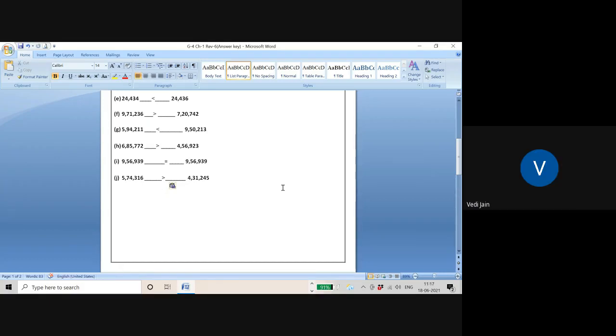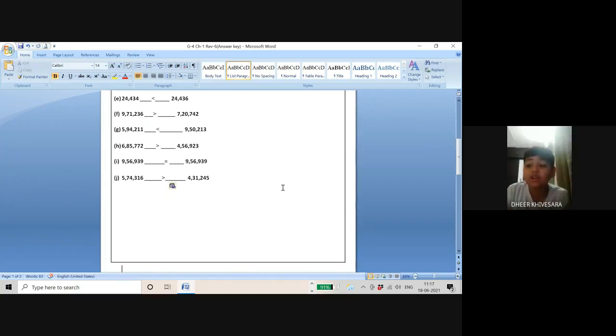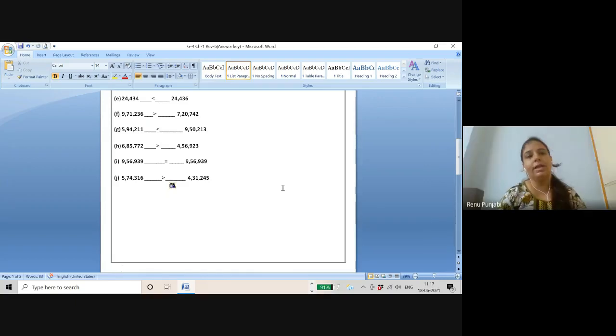Subtraction of kilometers and meters. Yes, subtraction. Please remember, you have only two operations with units. In meters and centimeters also addition and subtraction. In kilometers and meters also addition and subtraction. No multiplication, no division. Clear? Ma'am, after this it will be liters and milliliters, no? That will come in another chapter.